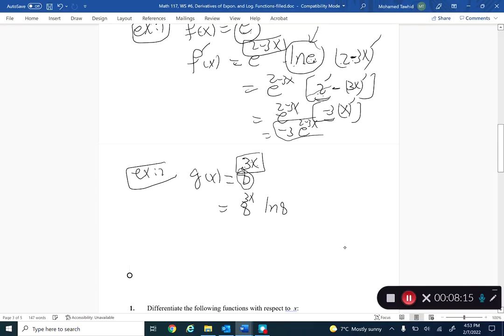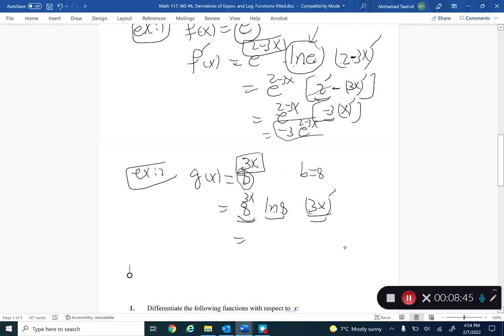Your b here is 8, so you have ln 8, and you have to multiply by the derivative of the exponent, 3x prime. So again, the base is 8, the exponent is 3x, so I write it the same, times ln b, your base, multiplied by the derivative of the exponent 3x. What is the derivative of 3x, guys? Oh, 3, very good.